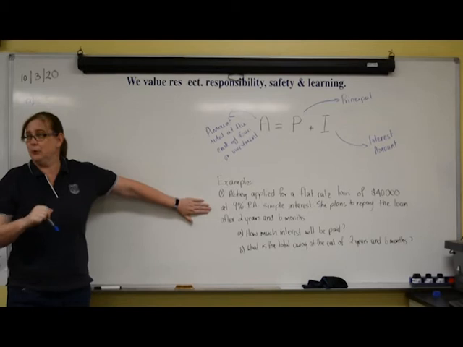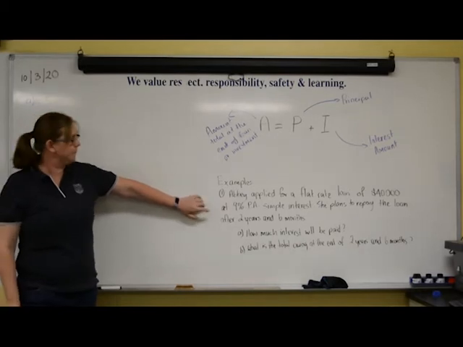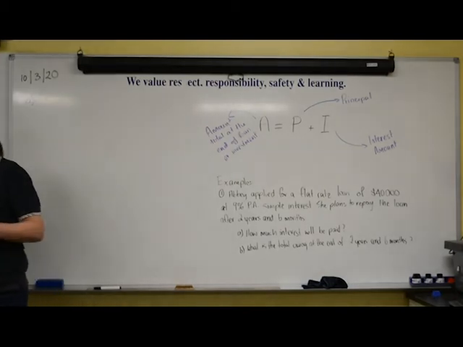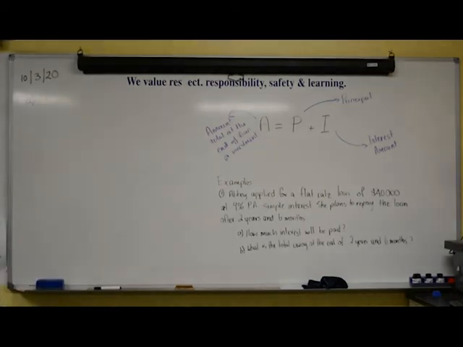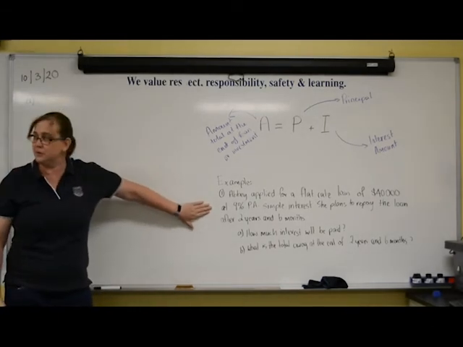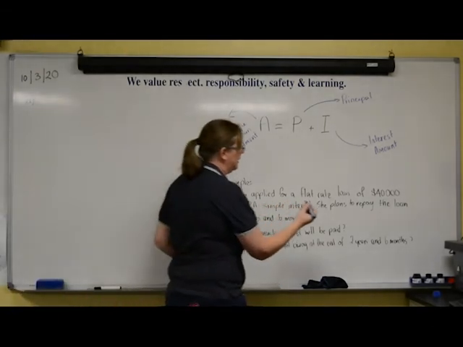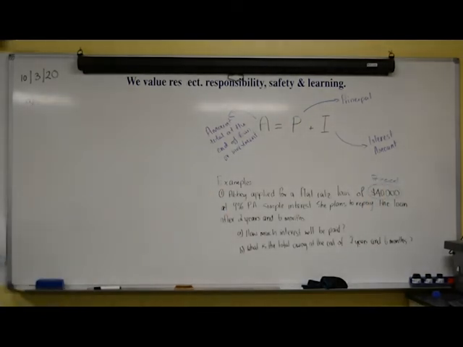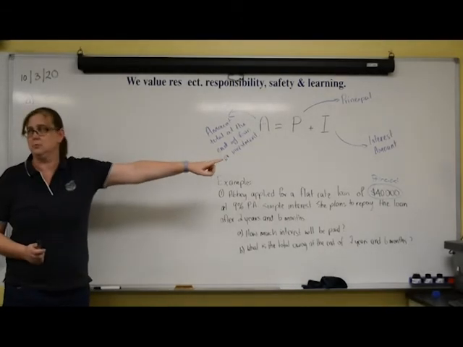We have an example on the board. We have Abby who has applied for a flat rate loan of $40000. That's quite a big loan to get at simple interest. 9% per annum is our interest rate. So we have our principal here. $40000 is our principal.